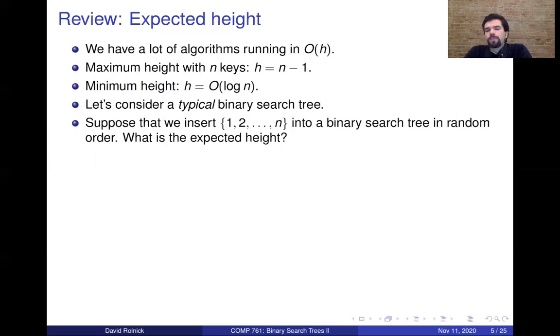Well, first of all, what do we think? Are we going to be closer to the minimum height or the maximum height?